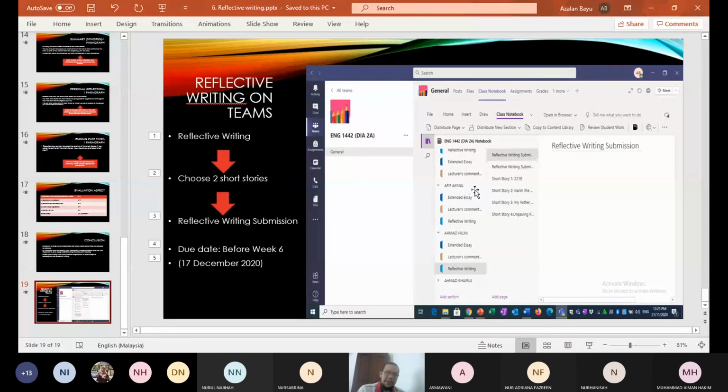Okay, ada soalan tak guys? No, sir. Faham? Sir. Yes, soalan? Slide ni sir bagi? Yes. You boleh check dekat kalau you go to Teams.